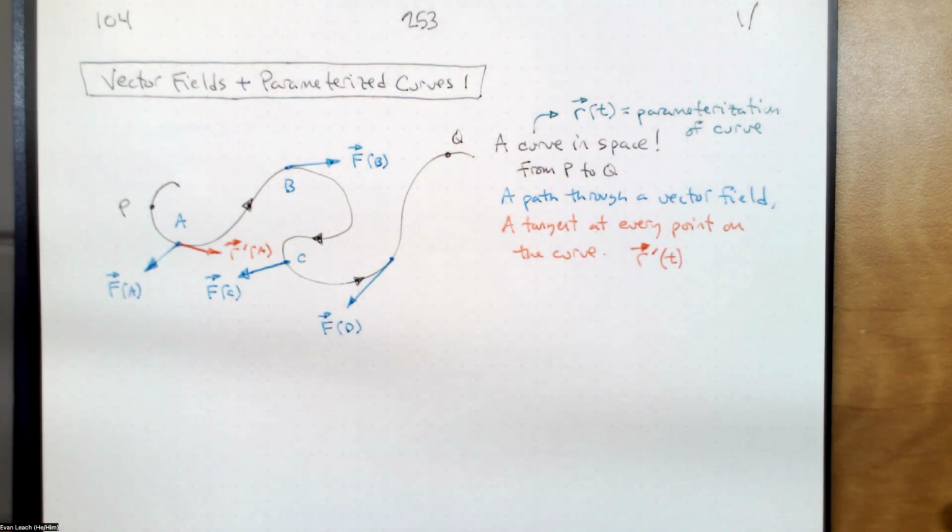At every point, we have a tangent to the curve. We have 2 vectors at every point, one from the vector field and a tangent to the curve.